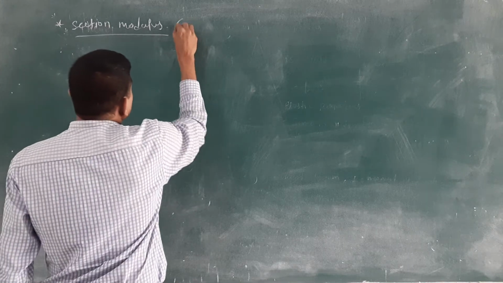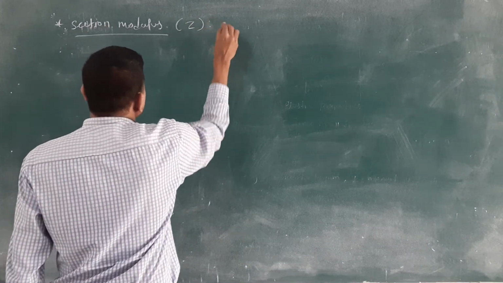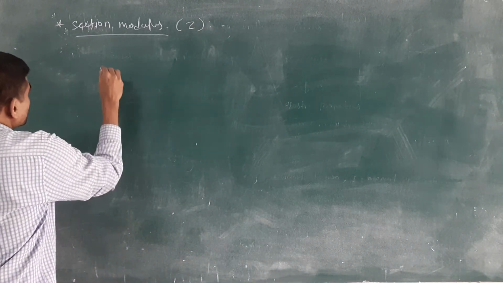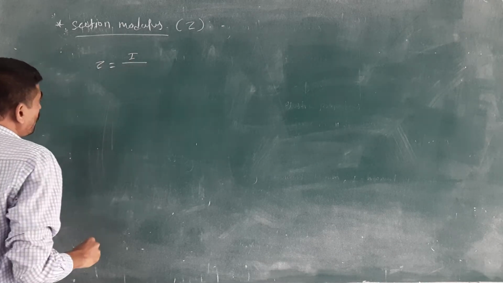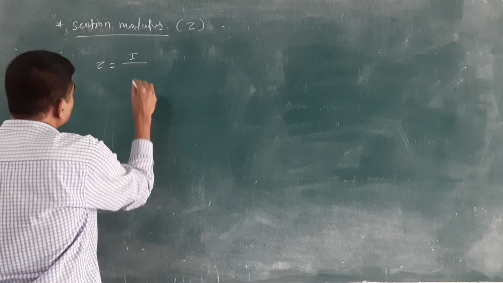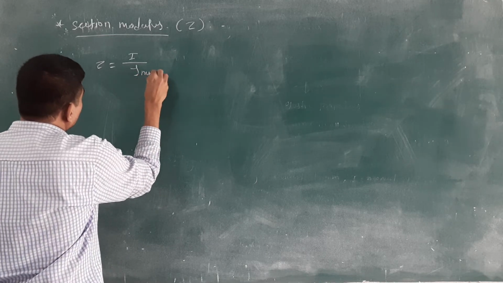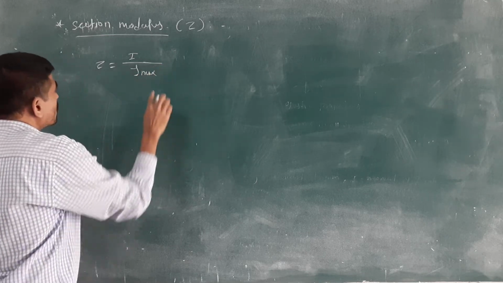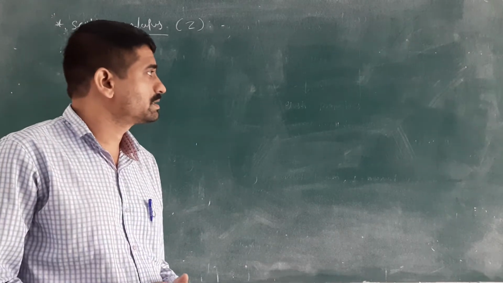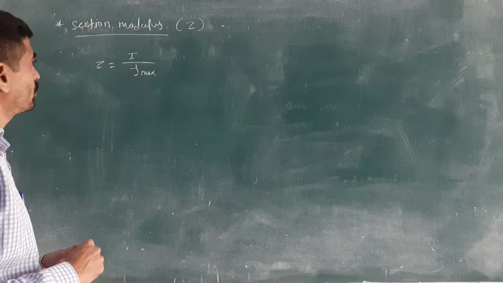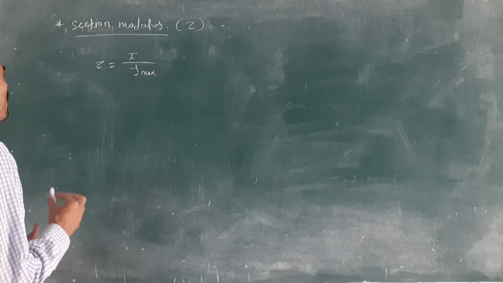Okay, section modulus. What is meant by section modulus? Section modulus is the ratio of moment of inertia to the outermost distance from the centroid. Section modulus Z is equal to I divided by Y max.